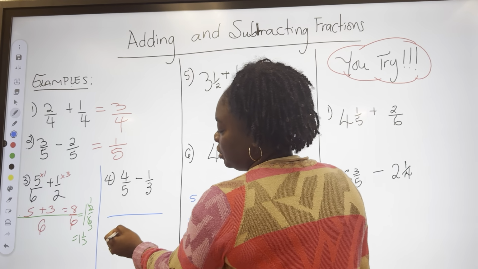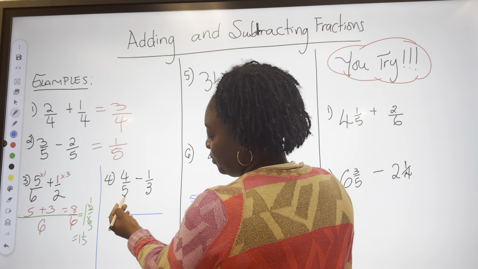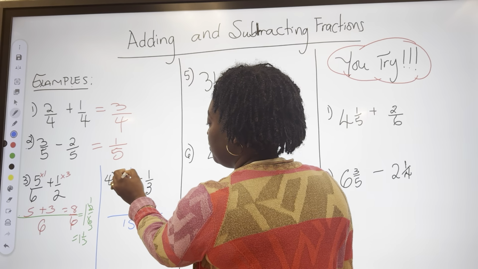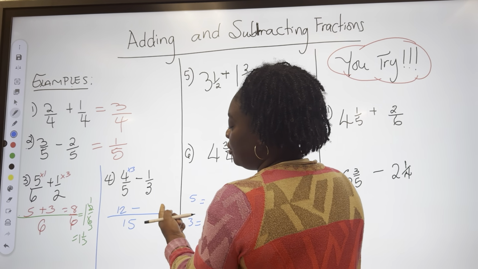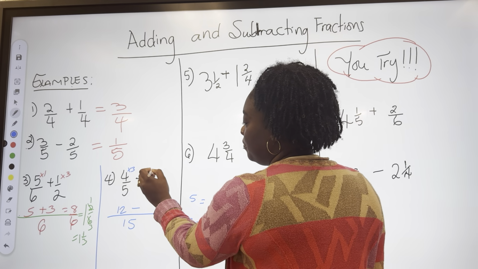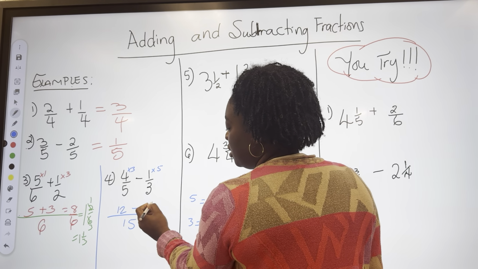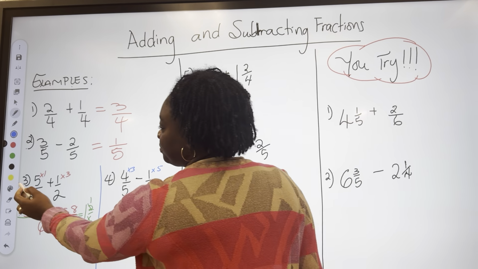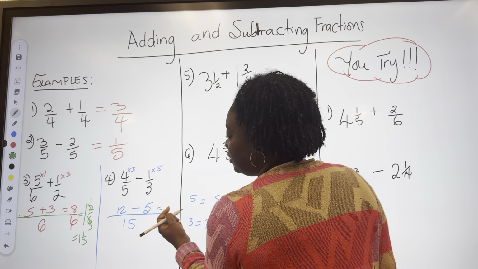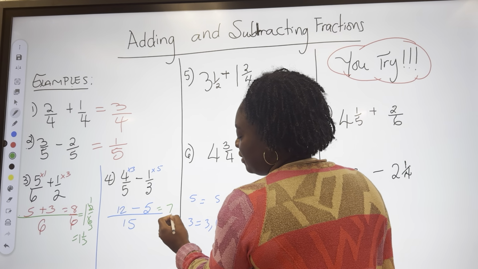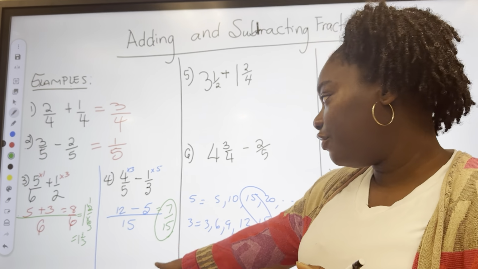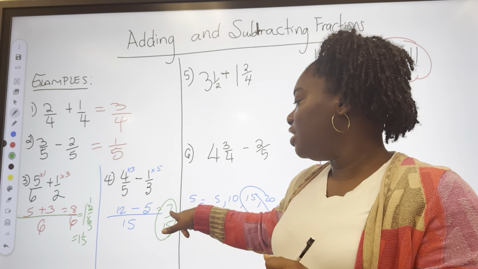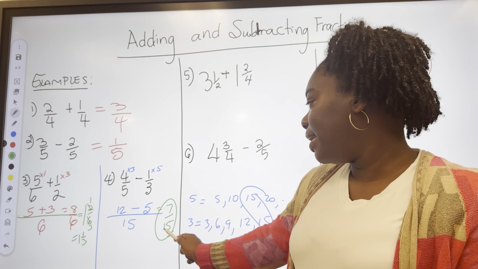So I know that I'm using 15. 5 into 15, 3 times; 3 fours are 12. Minus 3 into 15, 5 times; 5 ones are 5. And 12 minus 5 is 7 over 15. So our answer is 7 over 15. 12 minus 5 is 7, and you put back your denominator.